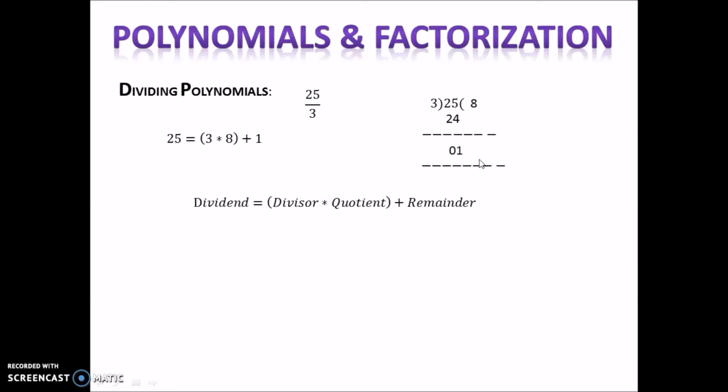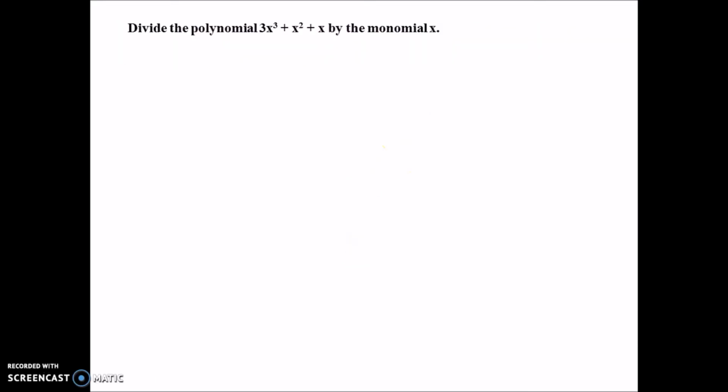We use the same method to divide two polynomials. Now coming to polynomials, the question is: divide the polynomial 3x^3 + x^2 + x by the monomial x. I am taking 3x^3 + x^2 + x and dividing it with x.